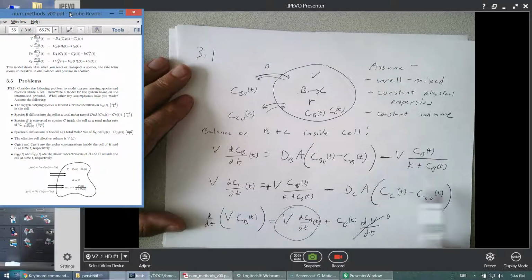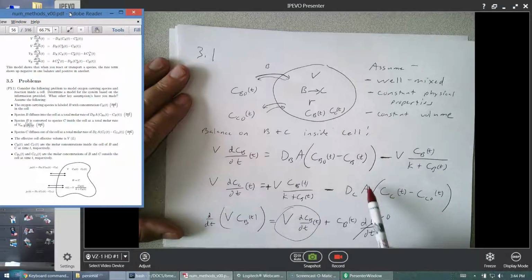So this is a different diffusion rate because it has a different diffusion coefficient. And depending on the difference here, the concentration of C inside the cell should be greater than that outside the cell. So this number is the value that pushes C, basically drives it across the cell wall, depending on how much area, effective area, the cell exposes.